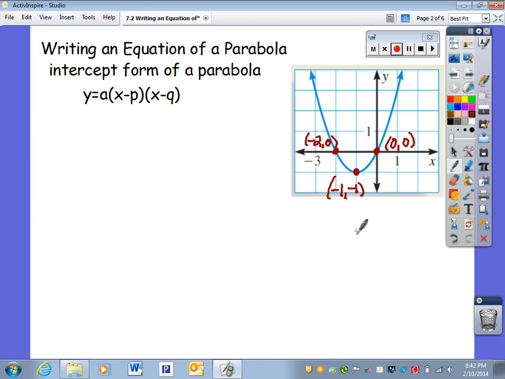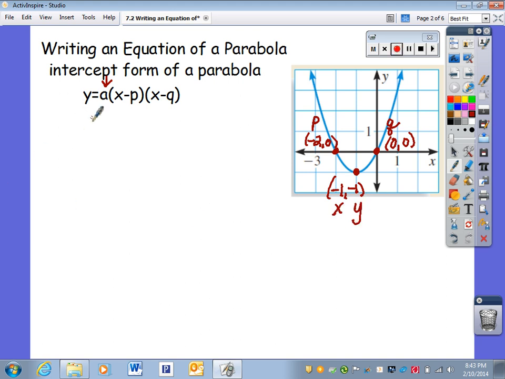Now, the way that we write the equation of the parabola is that we do not know a, which is the leading coefficient. That's what we're going to be looking for. So we're going to substitute in every other variable and then solve for a. Remember that our intercepts are p and q, and the other point we picked we're going to use for the values of x and y.